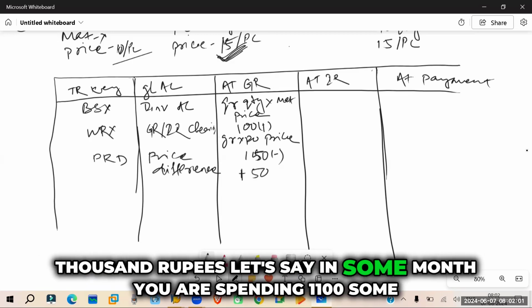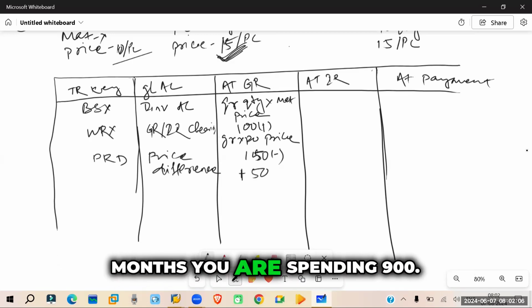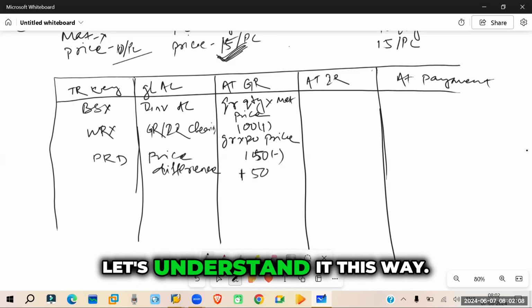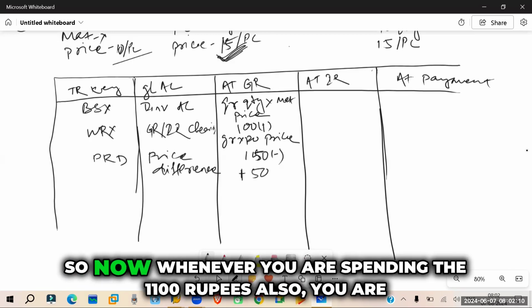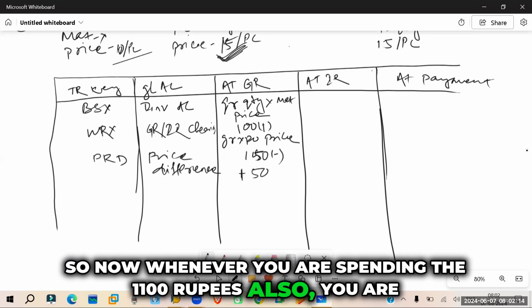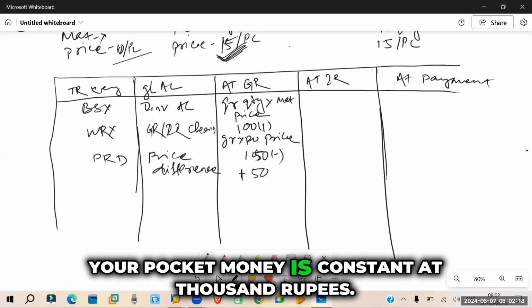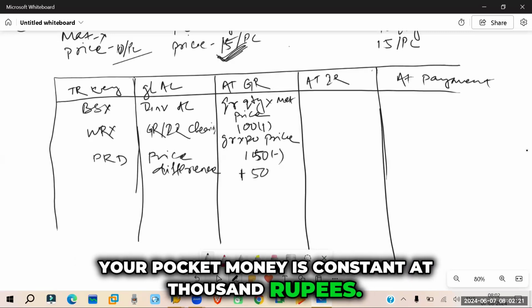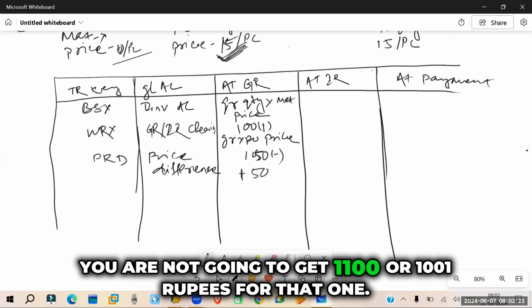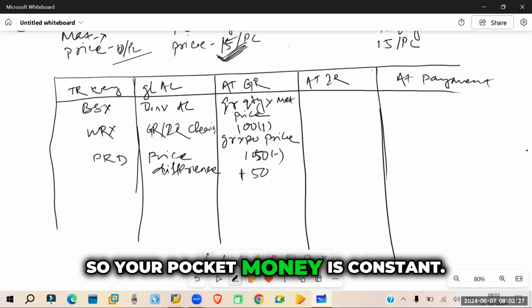In some months you are spending 1100, some months you are spending 900. Now whenever you are spending 1100 rupees also, you are not getting extra. Your pocket money is constant at 1000 rupees. You are not going to get 1100 or 1001 rupees for that. So your pocket money is constant.